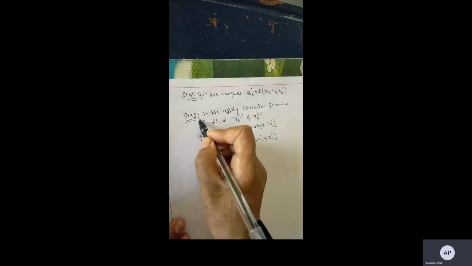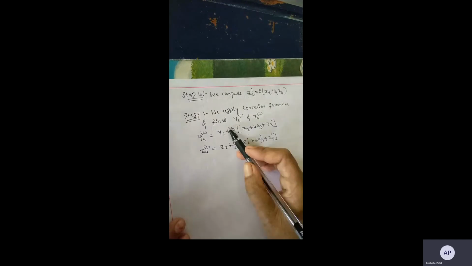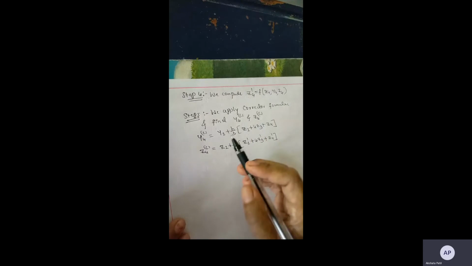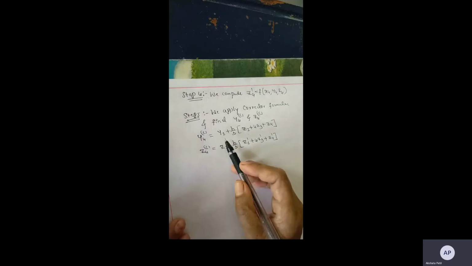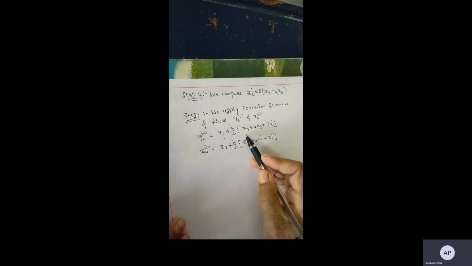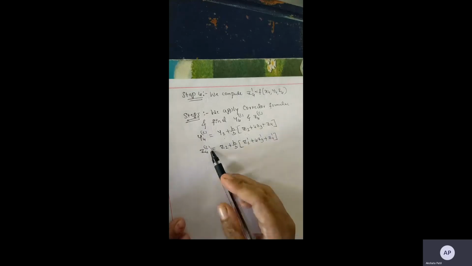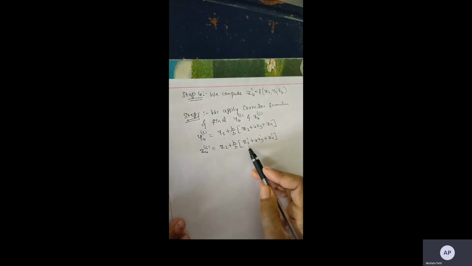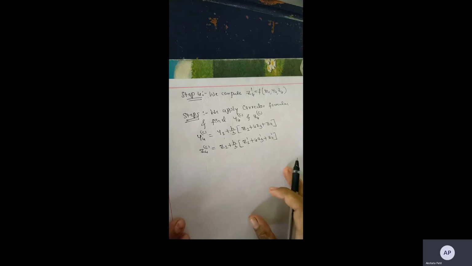We apply the corrector formula and find y4 of corrector and also z4 of corrector. The y4 of corrector formula is y2 plus h by 3 into z2 plus 4z3 plus z4, and the z4 of corrector formula is z2 plus h by 3 into z2 dash plus 4z3 dash plus z4 dash. Okay, so this is step 5.